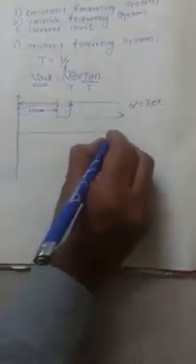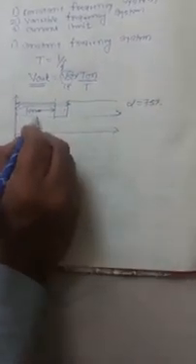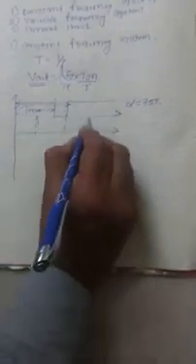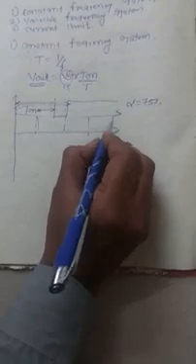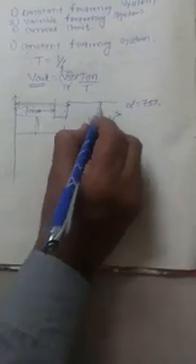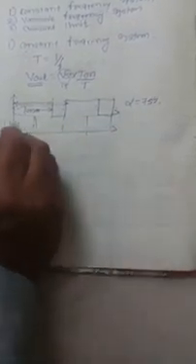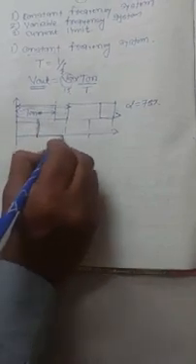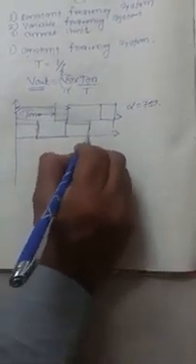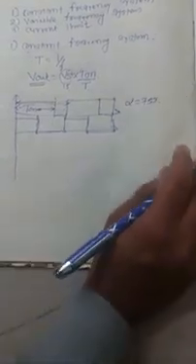Similarly, PWM with 50%: T on time 50% and T off time 50%.